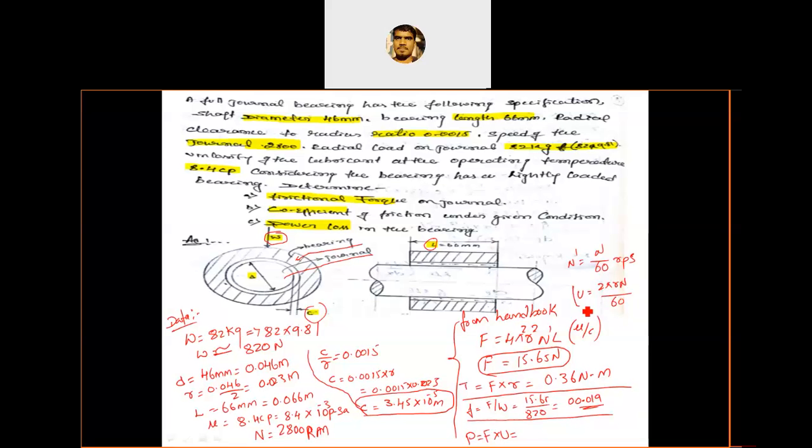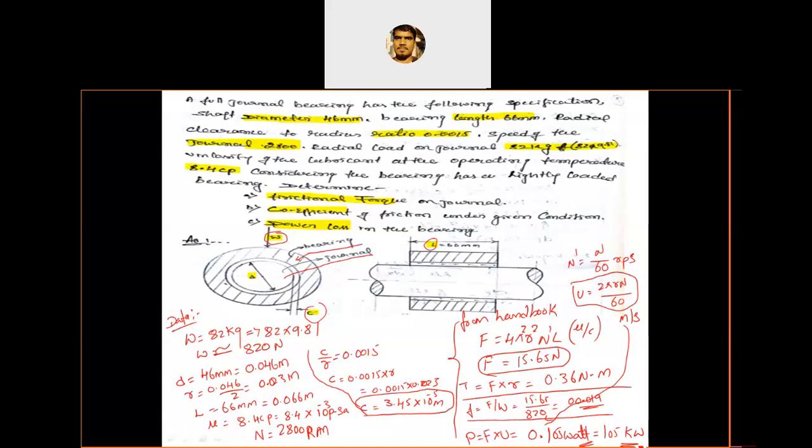We have the value of R and the value of n, so we got U in meter per second. You substitute that value here. So finally the power loss, in terms of watt, is 0.15 watt, or 105 kilowatt.